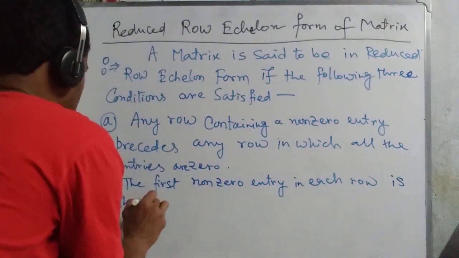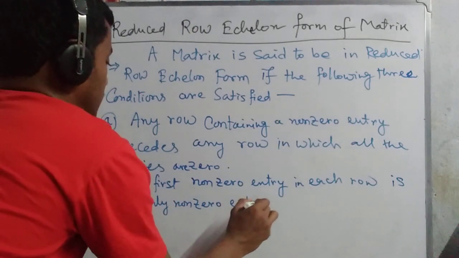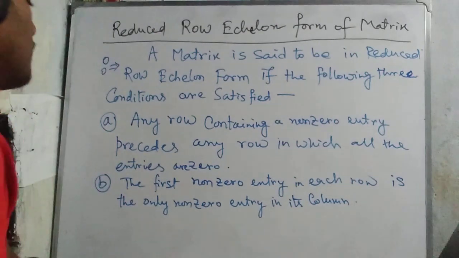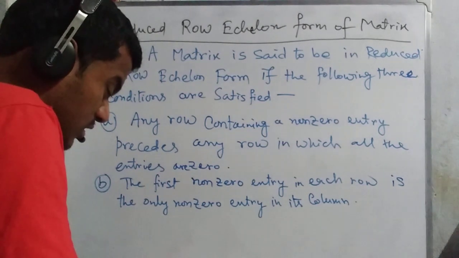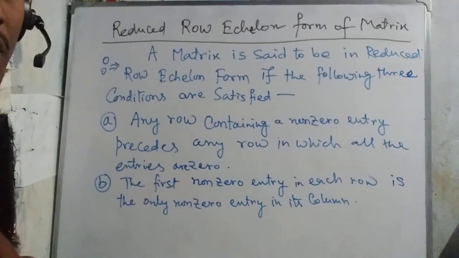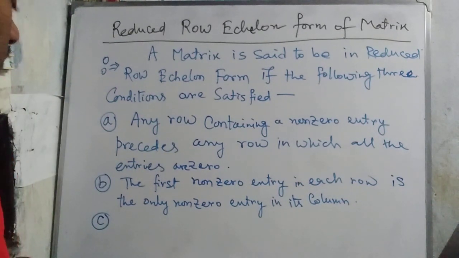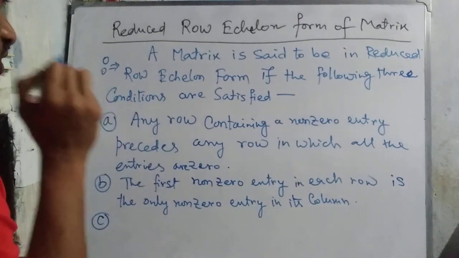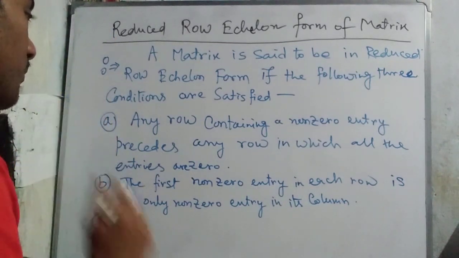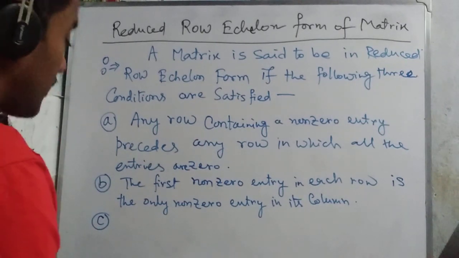That means each row contains a first non-zero entry in some column, and in this column, just this one is a non-zero entry. Understood?